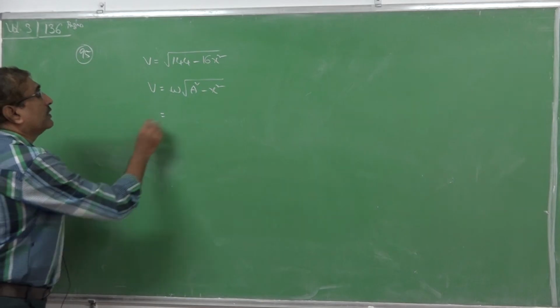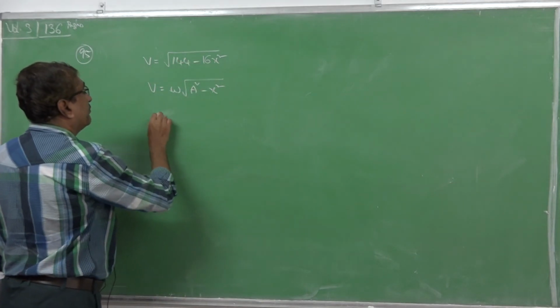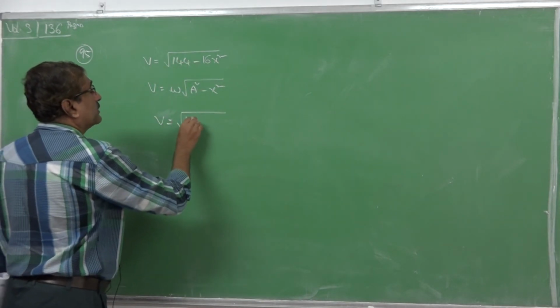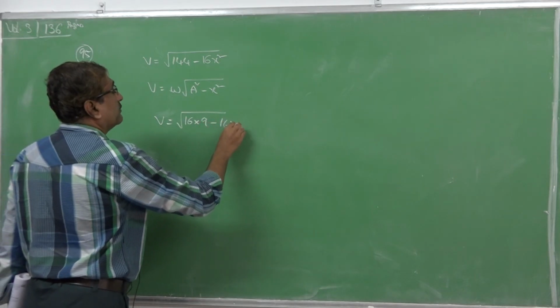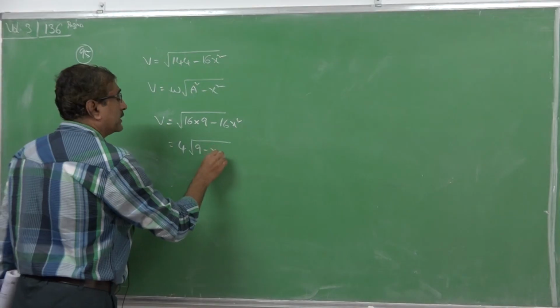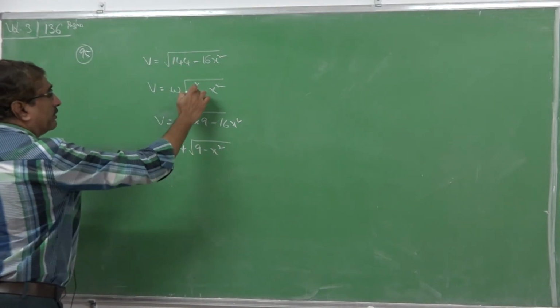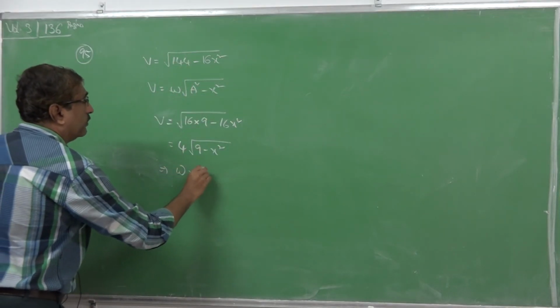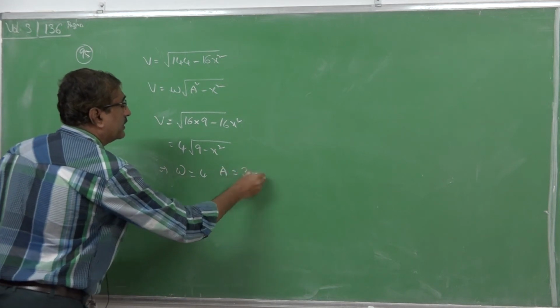So this can be written as square root of 16 into (9 minus x square). So taking 16 as common, it is 4 times square root of 9 minus x square. Comparing these two equations, omega is 4, A square is 9, so A is 3.